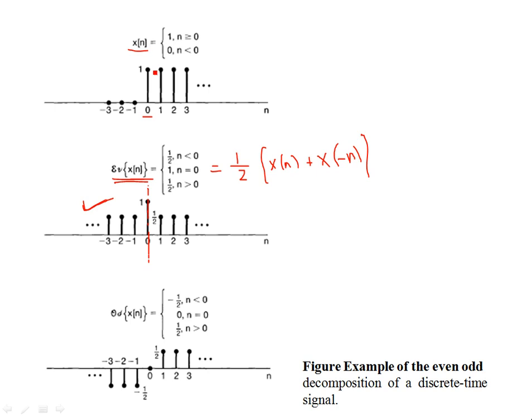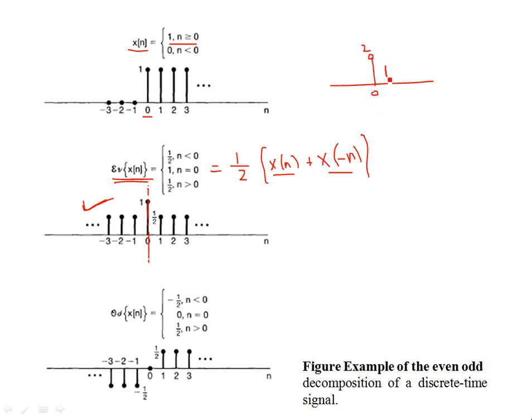You see, what happened over here is that analytically, if you add x of n, all the samples are 1 for n greater than or equal to 0, right? And if you look at this expression, x of n plus x of minus n corresponds to samples like this. At n equal to 0, we're going to have 2, right?